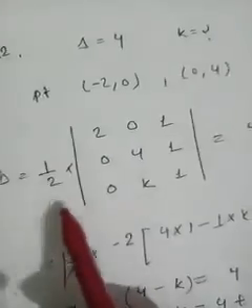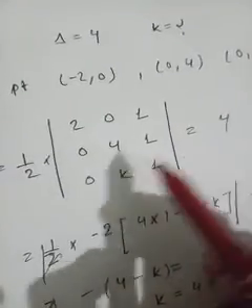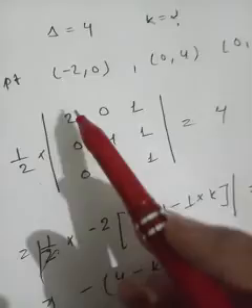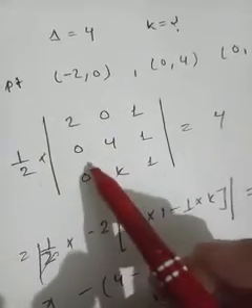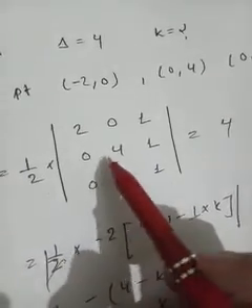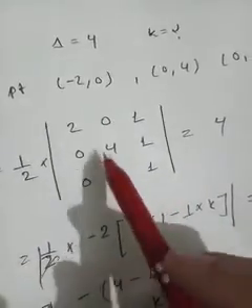Now the area of the triangle can be written as 1/2 into the determinant of this, and you also take the modulus. Expand along the first column, because there are 2 zeros, so you do not need to expand along the zeros. Only expand for 2.